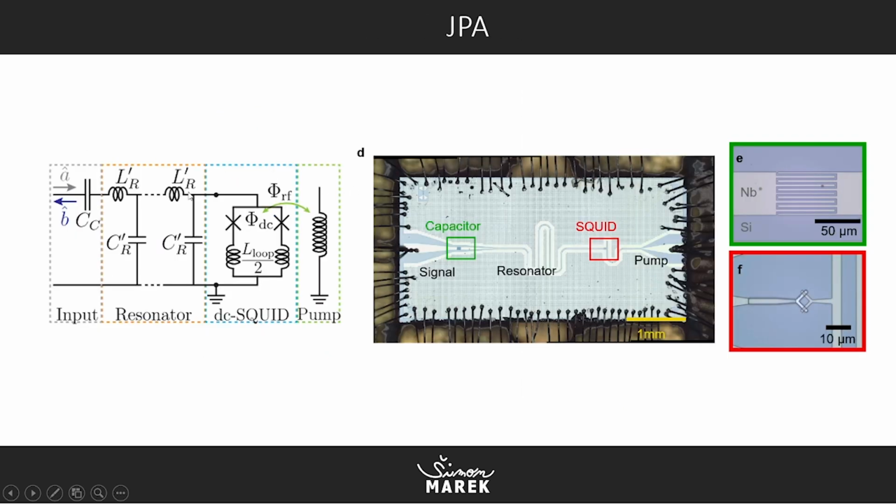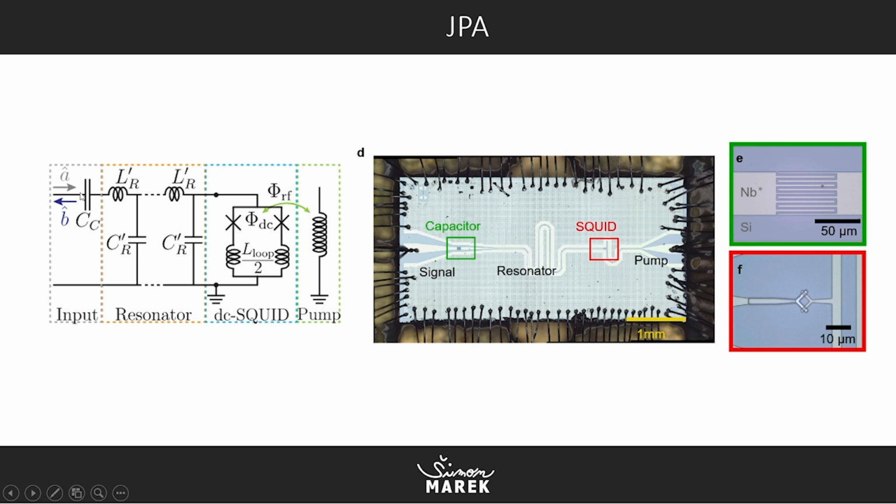There is a breakdown of the Josephson parametric amplifier. There is a simple capacitor, this is the zoomed capacitor here, and there is a SQUID or Josephson junctions here, which is the active element for the Josephson parametric amplifier.